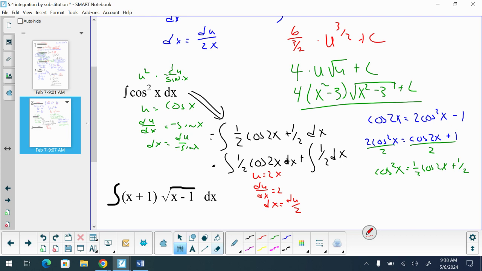In my substitutions, I can let u equal 2x. dx is equal to du over 2. And this will allow us to be able to integrate.